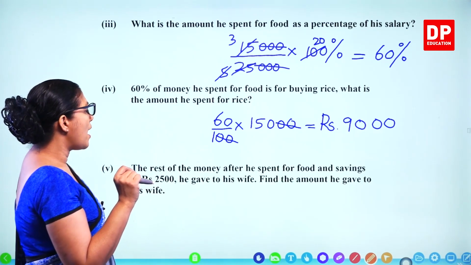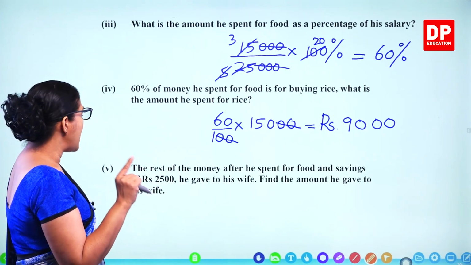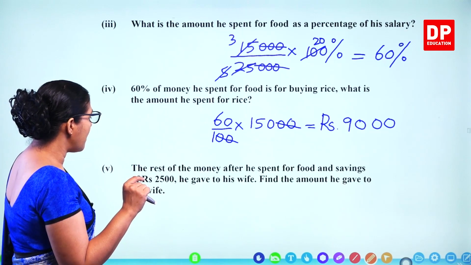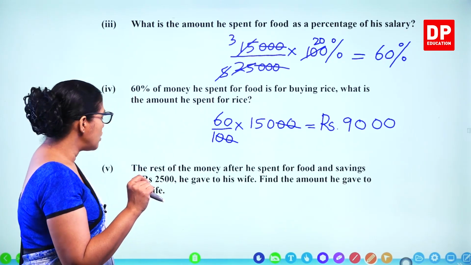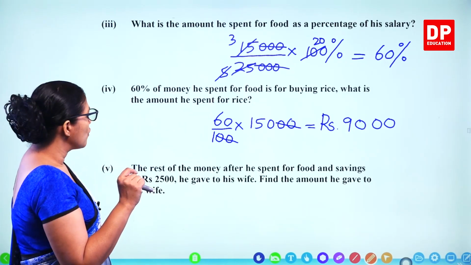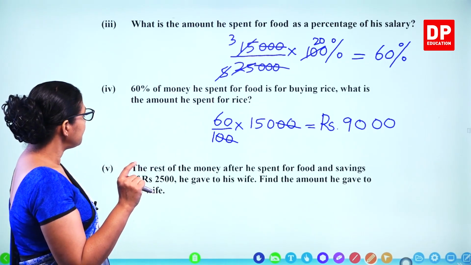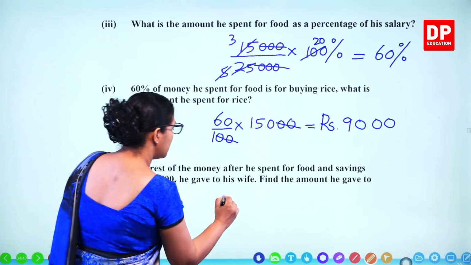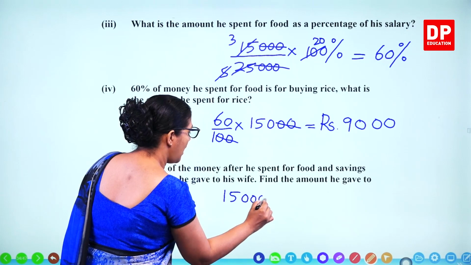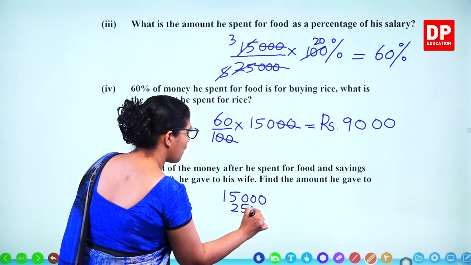The rest of the money after he spent for food and savings of 2,500, he gave that amount to his wife. Find the amount he gave to his wife. So what's the amount he spent? 15,000. And then he saved 2,500.